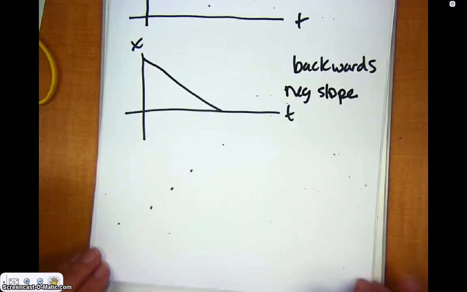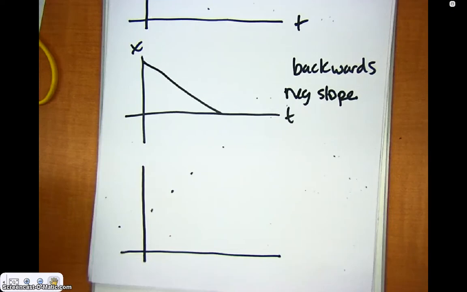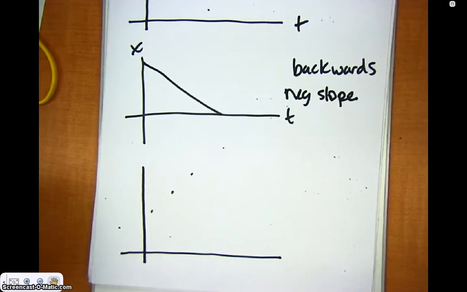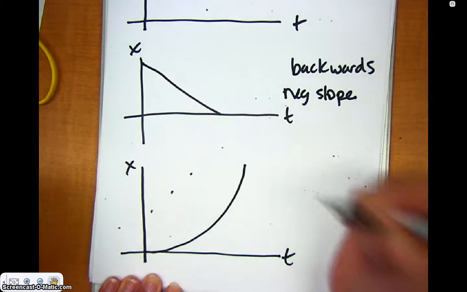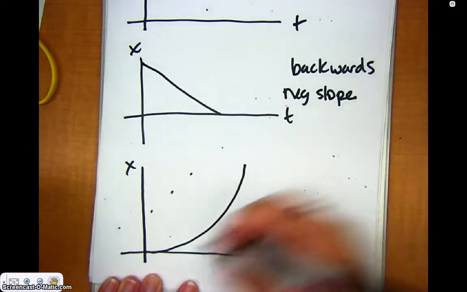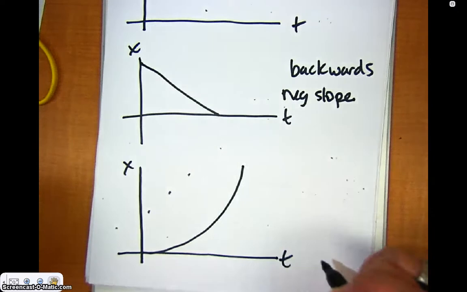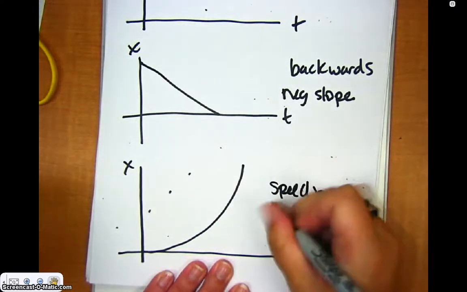Let's say it's speeding up or slowing down, okay? So if you're speeding up, it means that your slope would increase over time. So your position versus time graph would look like this. So it's somewhat of a parabola. It's quadratic. And that's just to introduce to you what we're going to talk about in the next video, which is acceleration.